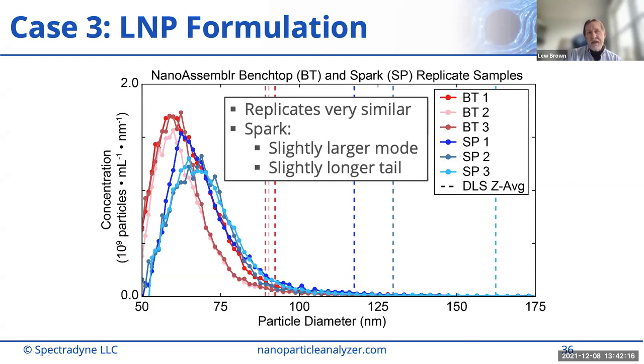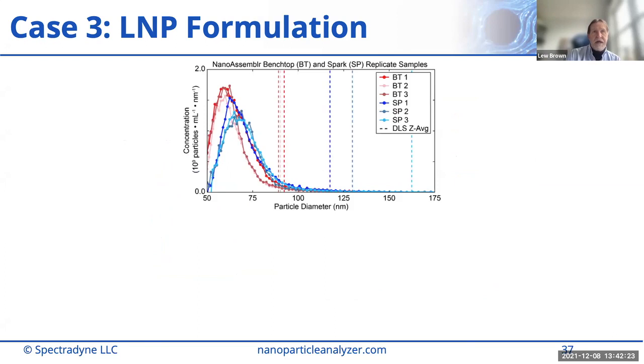Okay, so the DLS gave us a very different story than what the NCS1 gave us here. To summarize that, let's just look here. We now know that the nanoassembler gives us very high repeatability on both the benchtop and the spark, which was not apparent from looking at the DLS data.